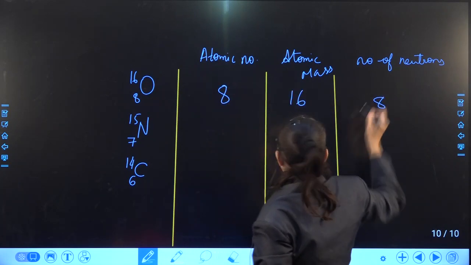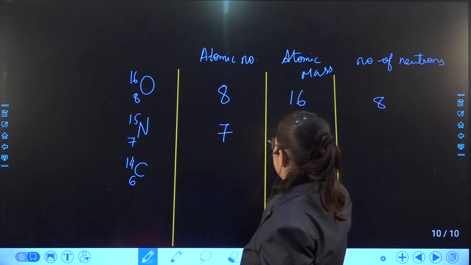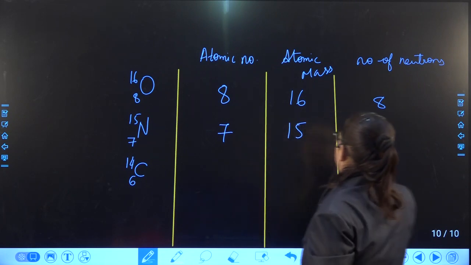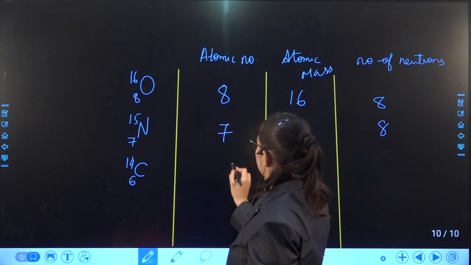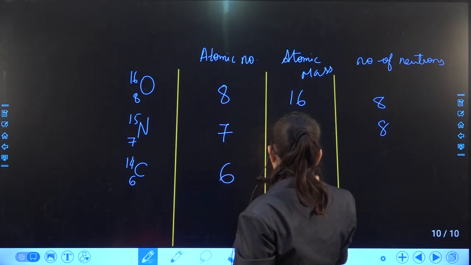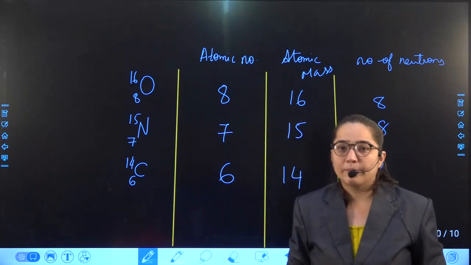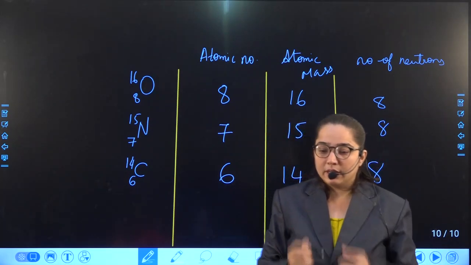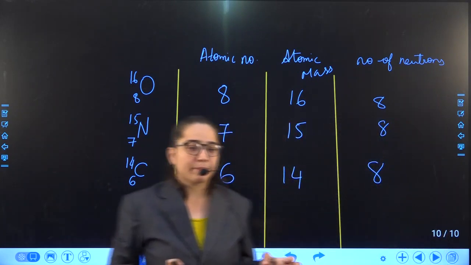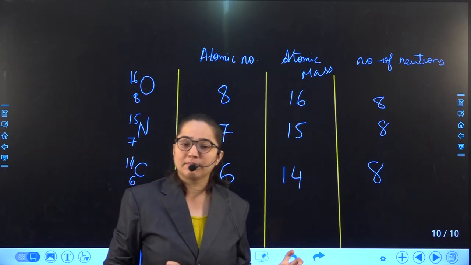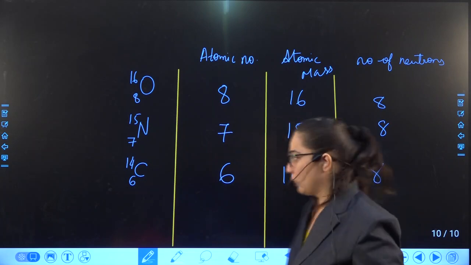If you subtract, what will you get? 8. Atomic number over here is 7, atomic mass is 15. If you do 15 minus 7, what will you get? 8. Here atomic number is 6, atomic mass is 14. Again, if you subtract, what will you get? 8. So this is how you get the same number of neutrons, but the atomic number and atomic mass are different. So this is what isotones are.